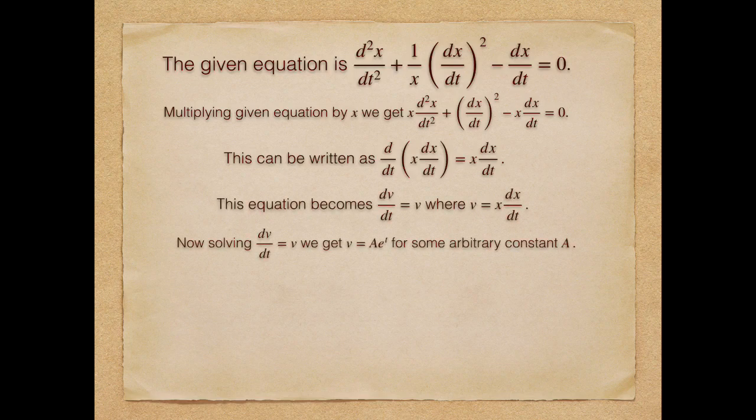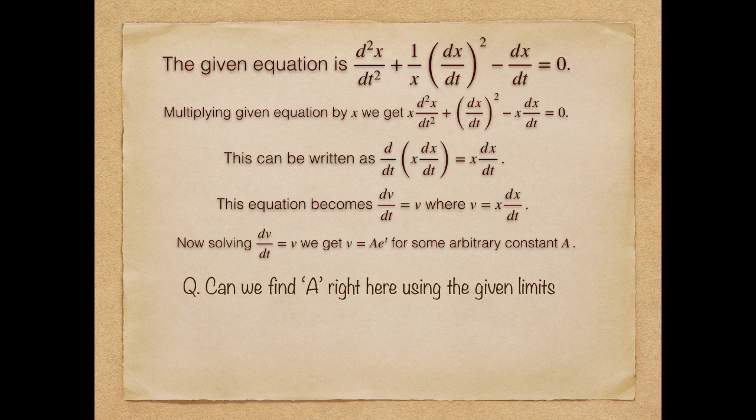Then we solved this and we got v equal to a exponential t. But here one might try to calculate the value of a using some boundary conditions, because some boundary conditions are given. So the question here is whether we can calculate the value of a using the given limits or the boundary conditions.